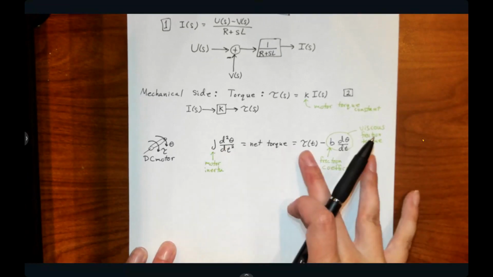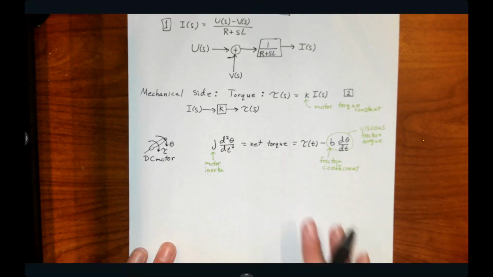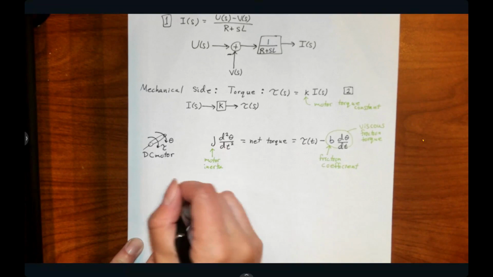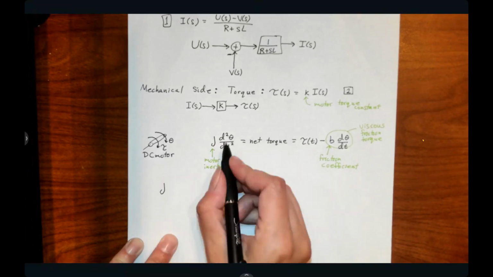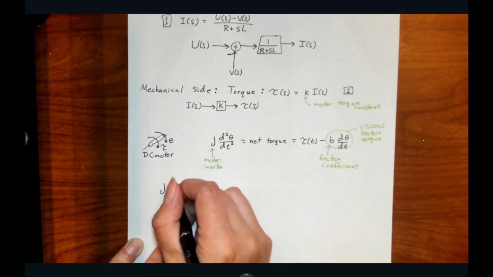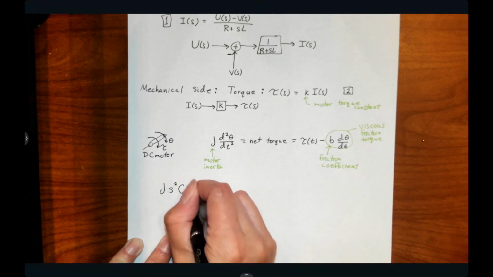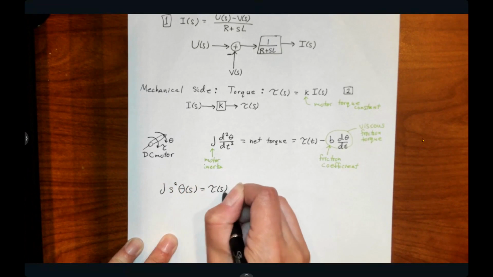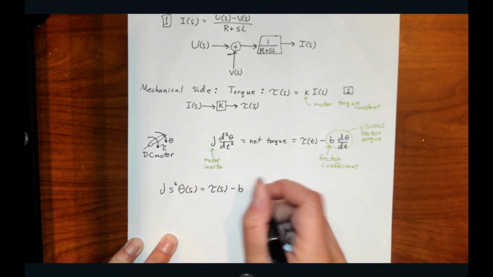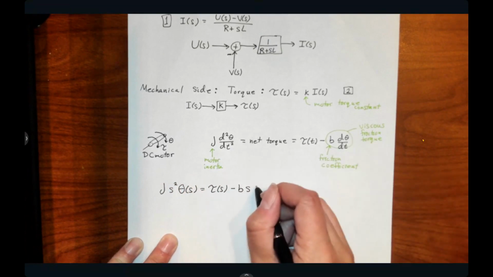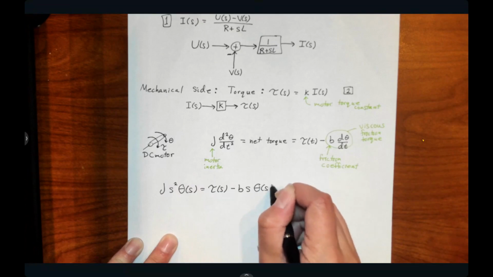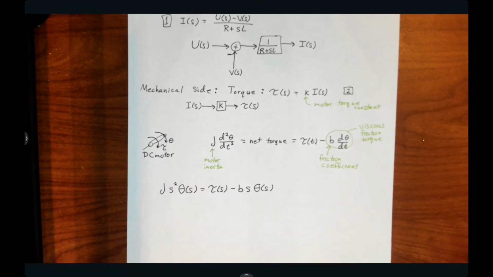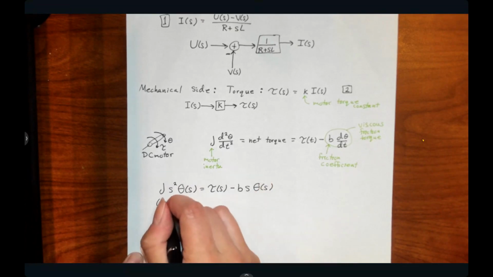So I'm going to take this expression and convert it into the Laplace domain. So J is just a constant. We have a second derivative, so we have an S squared equals tau. And then first derivative, we have S like so. Right, so from there, I want to bring my thetas all to the same side.